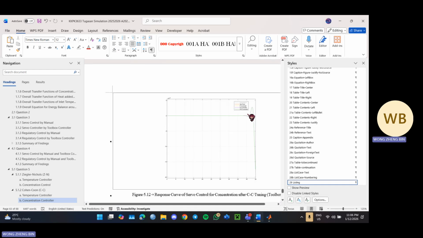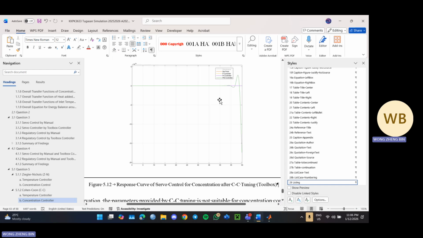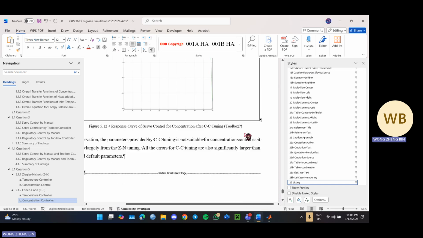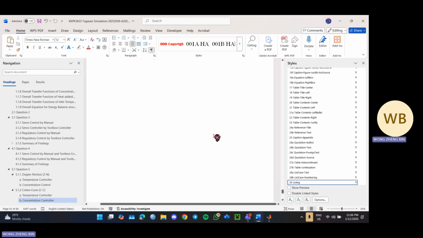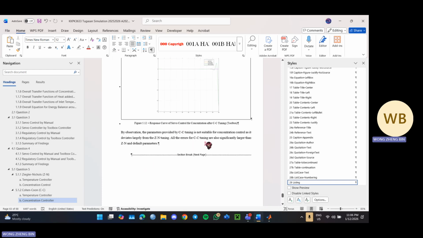And this is our response curve after the tuning process, which is also not good for concentration control. So overall, the Ziegler-Nichols tuning is better than Cohen-Coon in my project in this case.